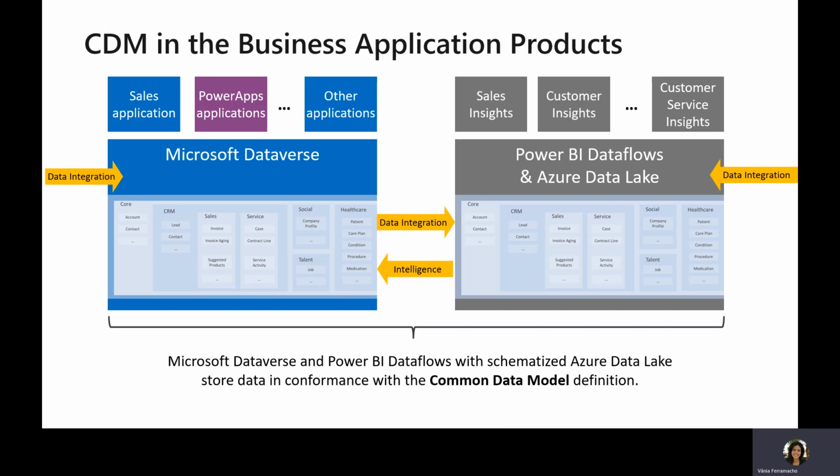So using other apps, we can use the same base and integrate data easily. There's no separation between the solutions like Sales and Power Platform or even Customer Insights. So they will all read the same information if they need. Okay, so we store data and we can read it from several different places.